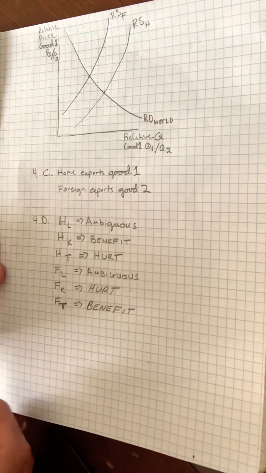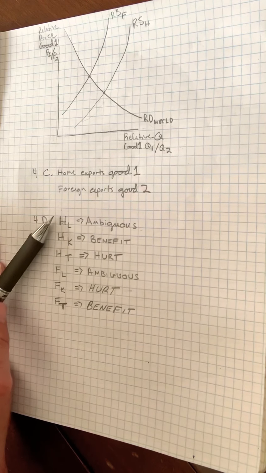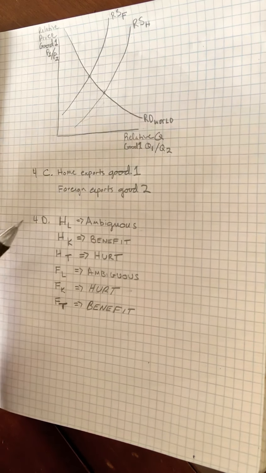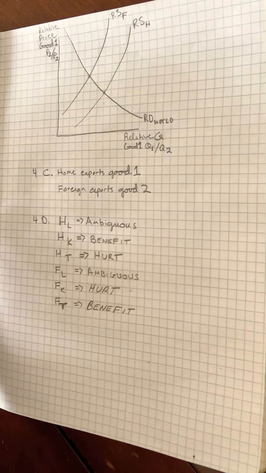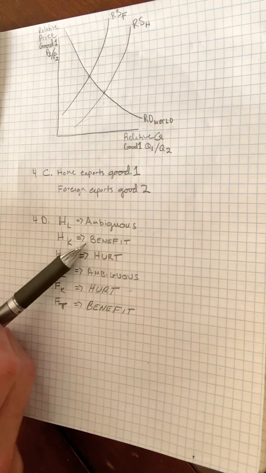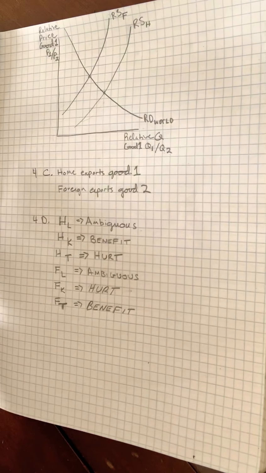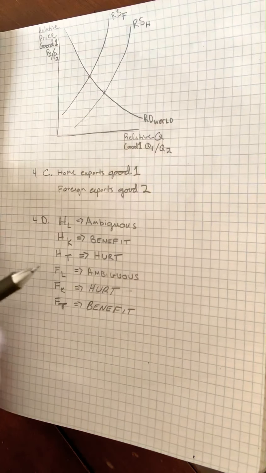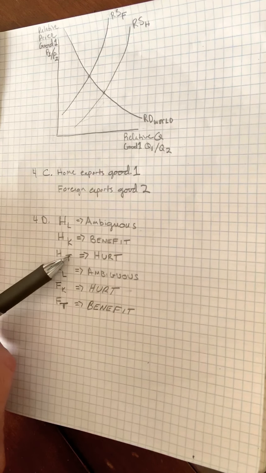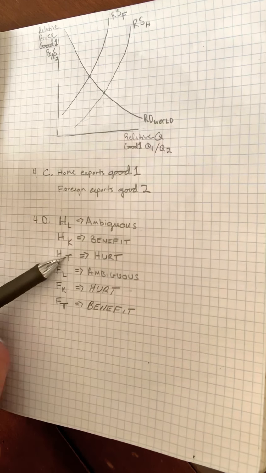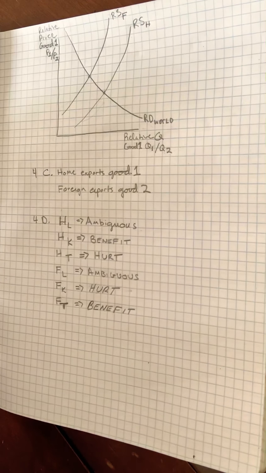How will that impact the various factors? In home, labor will be ambiguous, remember, because labor can go back and forth. Capital will benefit because we're exporting the good that's capital specific. And land, T for terra, land will be hurt because land is specific to the good that is being imported.